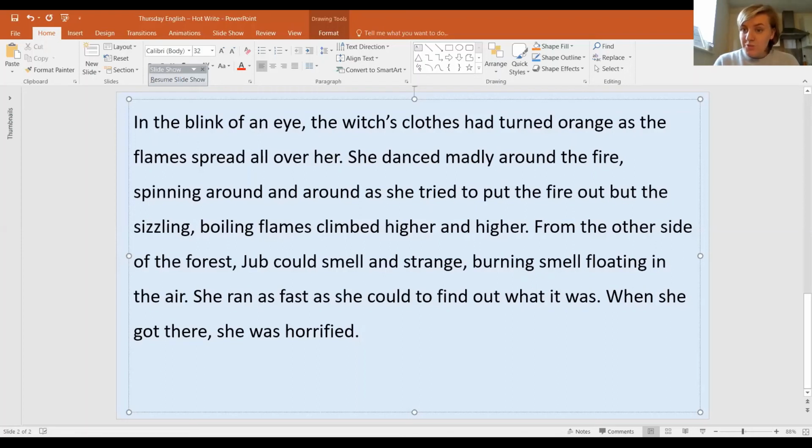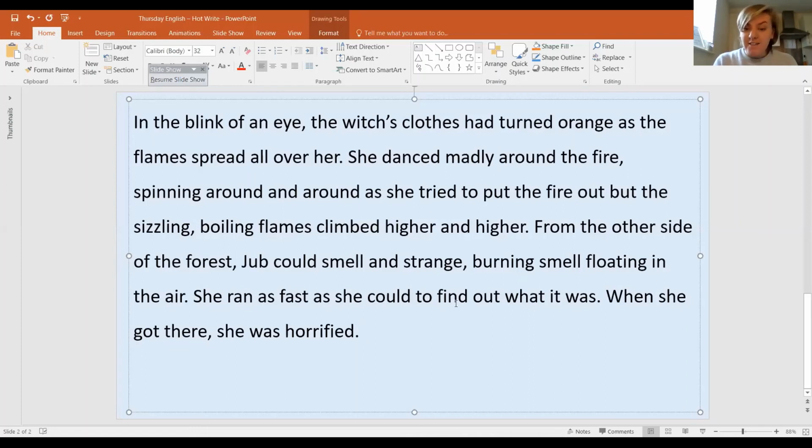I'm going to read it through to make sure that I'm happy with it. I'm going to think about what I would include next, and then you're going to have a go. So, in the blink of an eye, the witch's clothes had turned orange as the flames spread all over her. She danced madly around the fire, spinning around and around as she tried to put the fire out. But the sizzling, boiling flames climbed higher and higher. From the other side of the forest, Job could smell a strange, burning smell floating in the air.